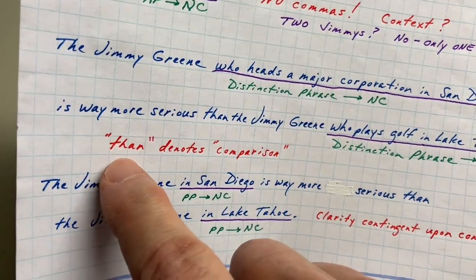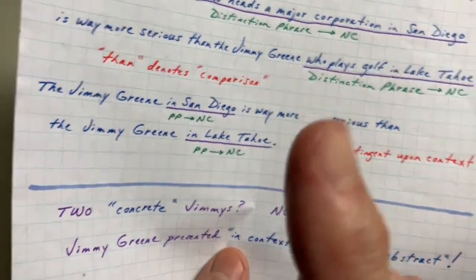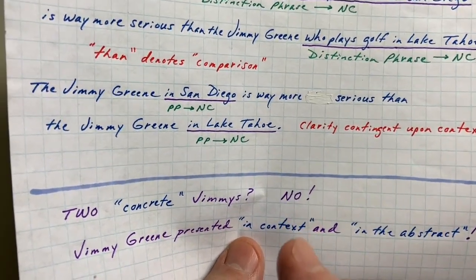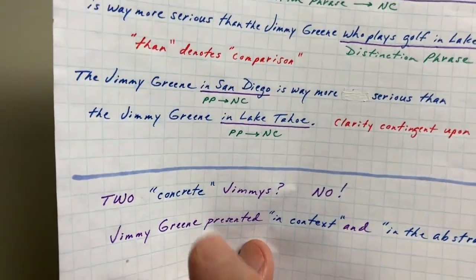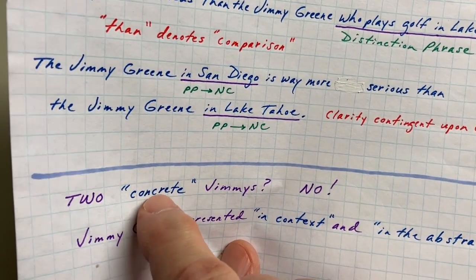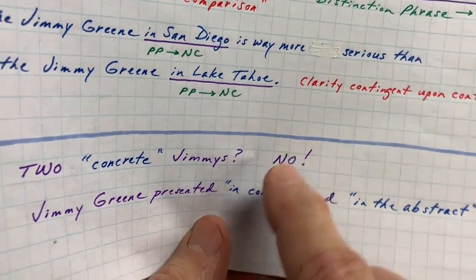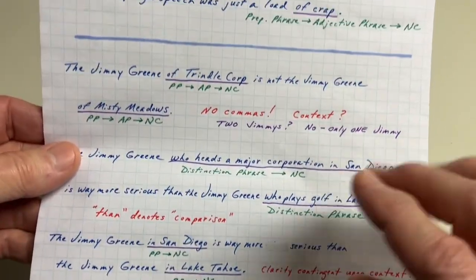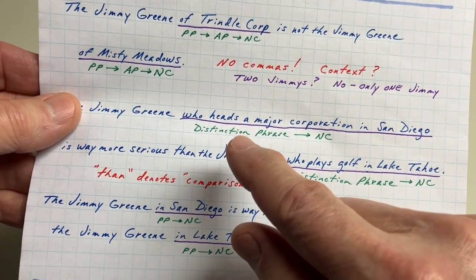So the word than is denoting a comparison, but it's not comparing two different physical Jimmy Greens, all right? Are there two concrete, actual, real Jimmys? No. No, what's happening in this sentence here, well, this is very important. That's why I showed how it works with a prepositional phrase and a distinction phrase.